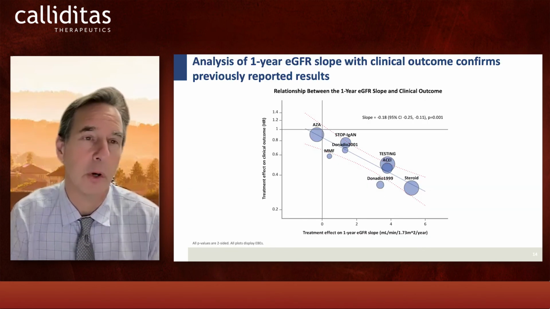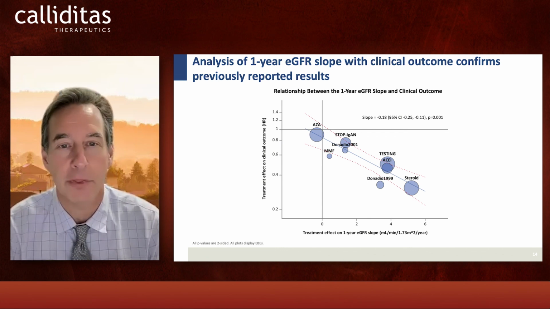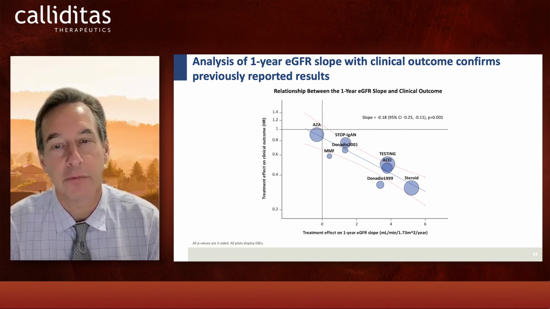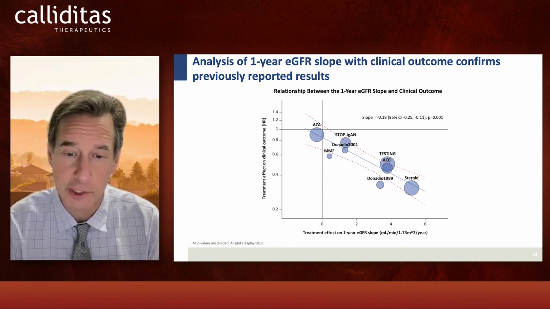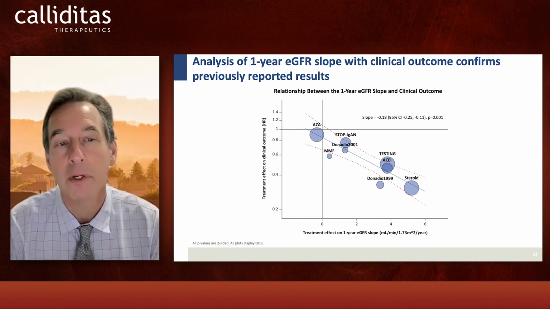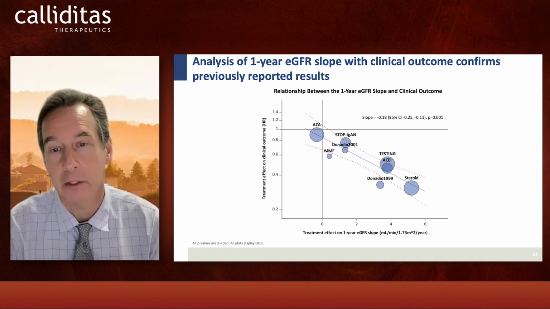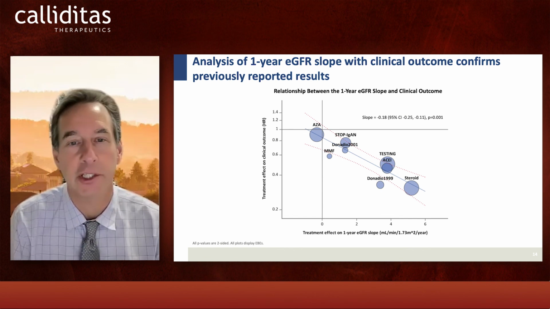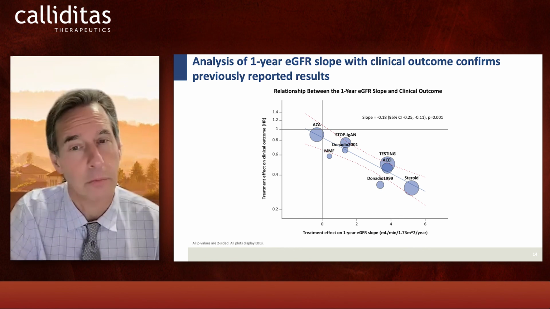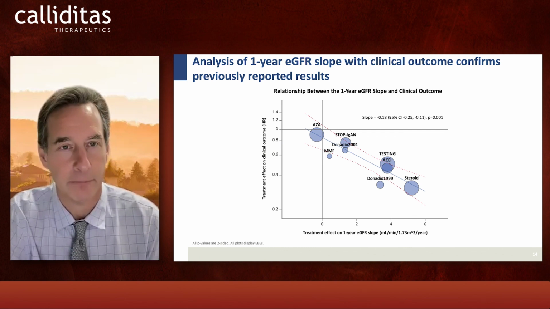And therefore, we also looked to see if this was true in IgA nephropathy. And again, no surprises. There's a very tight relationship between a treatment effect on even the first year eGFR slope and ultimately that hard clinical outcome of kidney loss. And this relationship is seen in a linear fashion, utilizing all randomized controlled trials for IgA nephropathy.